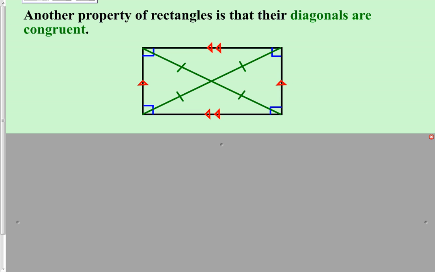Now, after you decide that your shape is a rectangle and not just a parallelogram, something else also happens. The diagonals that a moment ago were bisecting each other, as it turns out, in a rectangle, your diagonals are going to be completely congruent to each other. So when they bisect each other, now it's not 2 pieces that are one length and 2 pieces that are a different length.